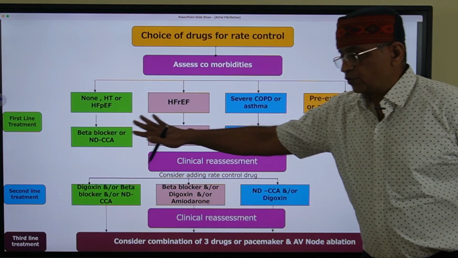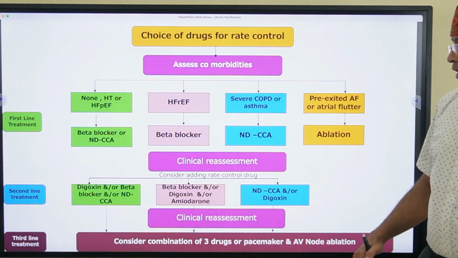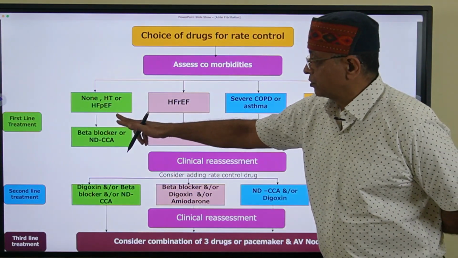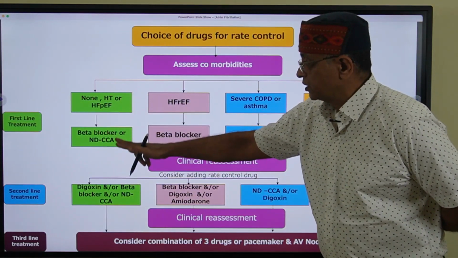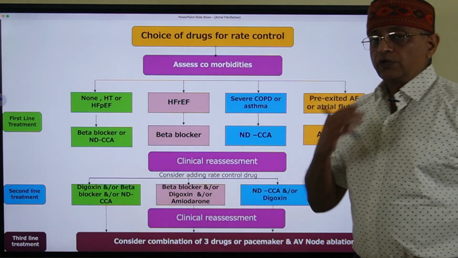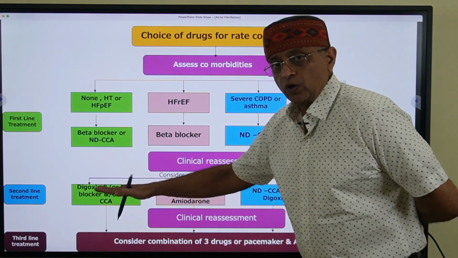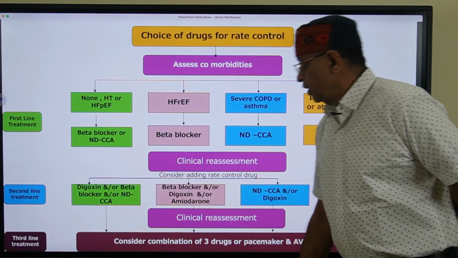Once you have started this drug, reassess the patient after some time. If the patient with no heart disease on beta blocker or calcium channel blocker does not achieve the target rate of less than 110, you may add a beta blocker or calcium channel blocker or digoxin.